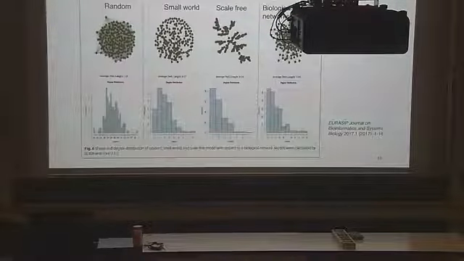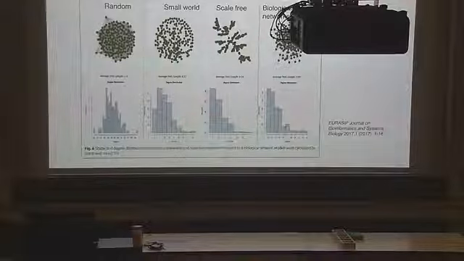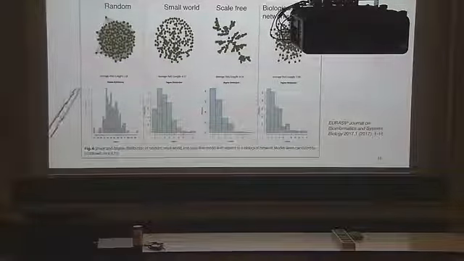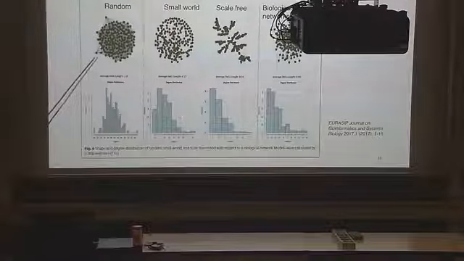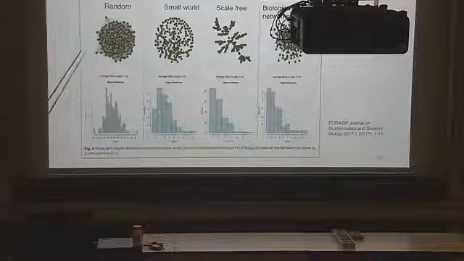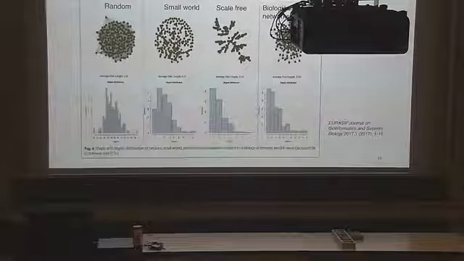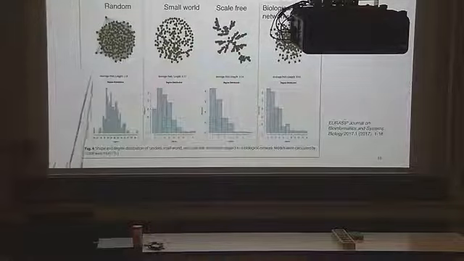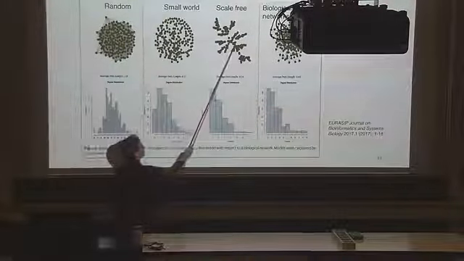Now that we learned about degree distribution, one interesting point is that degree distribution can distinguish different networks from one another. As the null model, we have a random network. I'll come back to it as an activity later, but this is simply a network where nodes are randomly connected. And we can get from random networks to other types of networks. For example, this is the case of scale-free networks.